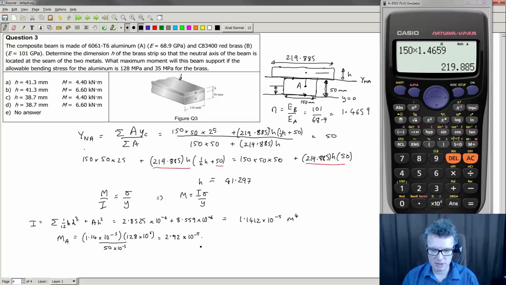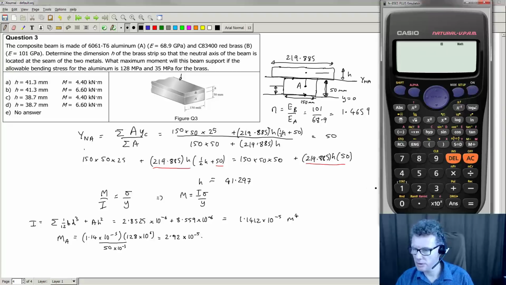Right, I've made a mistake with units. Let's check my units. So 1.14 times 10 to the minus 5 times 128 times 10 to the 6 divided by 50 times 10 to the minus 3.